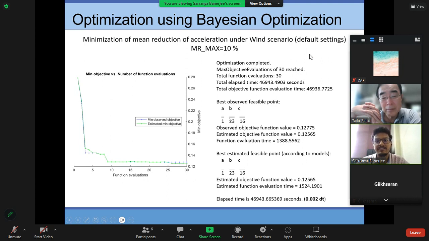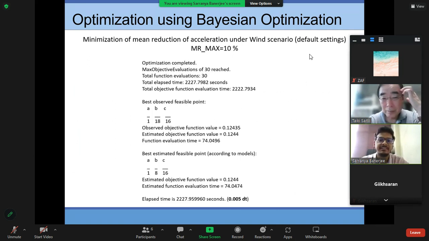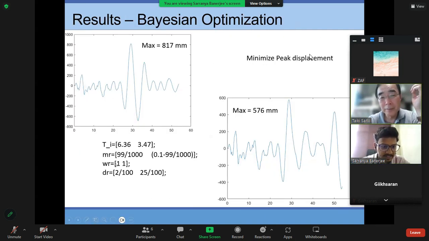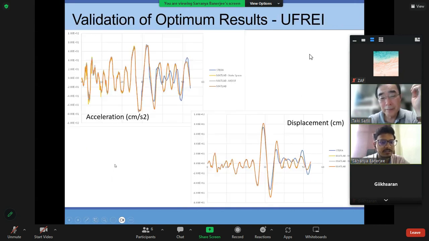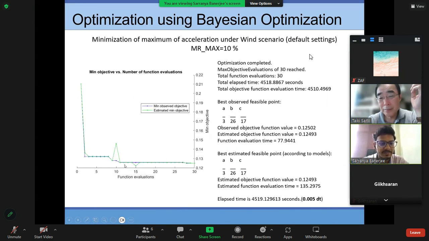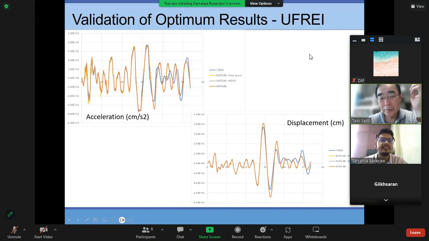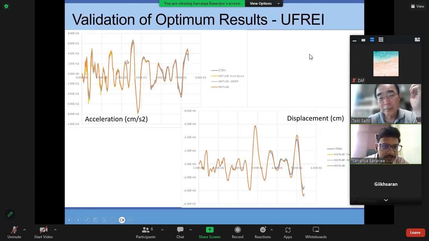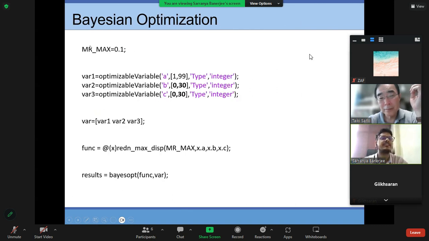And then subsequently I am planning to also incorporate the uncertainties in these parameters. The uncertainty in the tuning ratio of the TMD, and the uncertainty in the total mass ratio of the TMD.